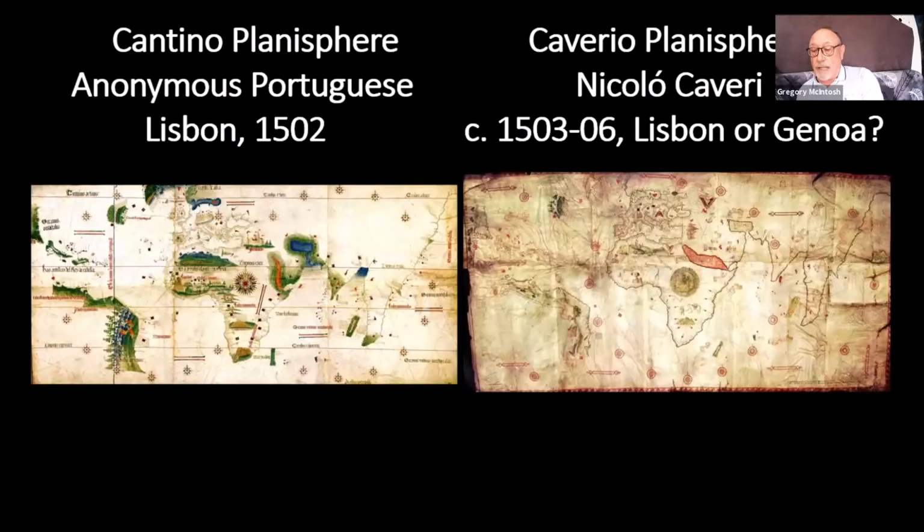The considerable likeness in geography, place names, and inscriptions on the Cavario planisphere to the Cantino planisphere strongly suggests that Niccolò Cavari of Genoa either used the Cantino chart as his model or the two maps had very similar sources, perhaps the same single source planisphere.